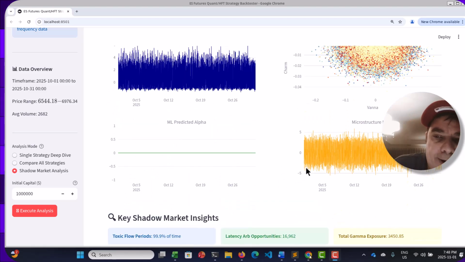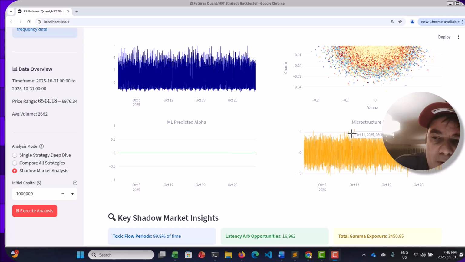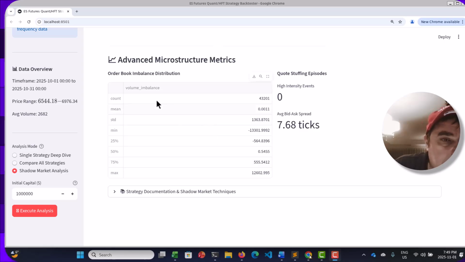And here we have the Vanna-Charm relationship. ML predicted we can't do. Microstructure noise. All along there, these different data points. And here we have the key shadow stats.